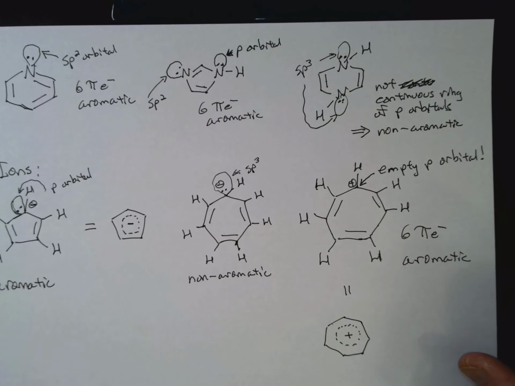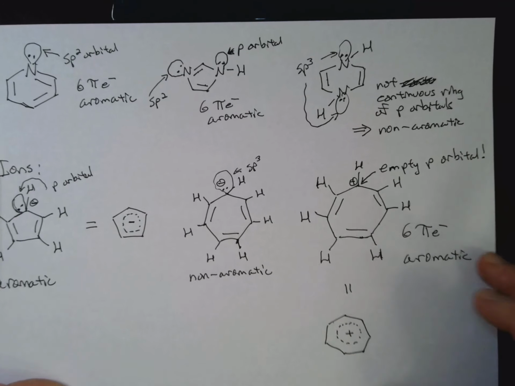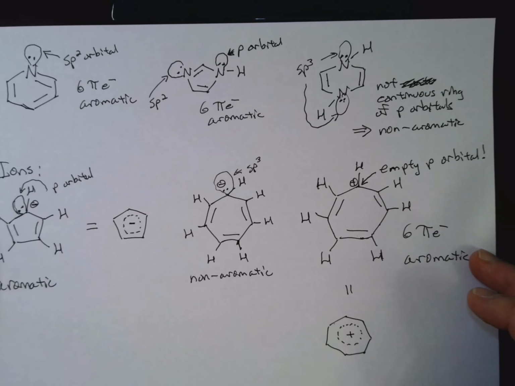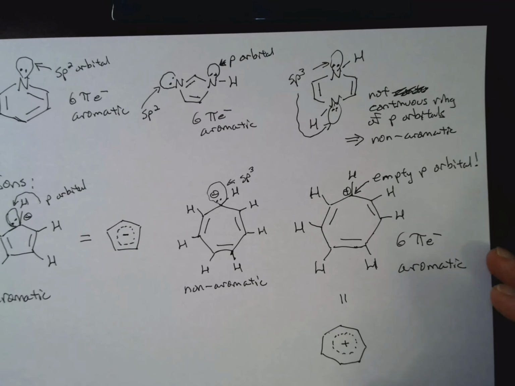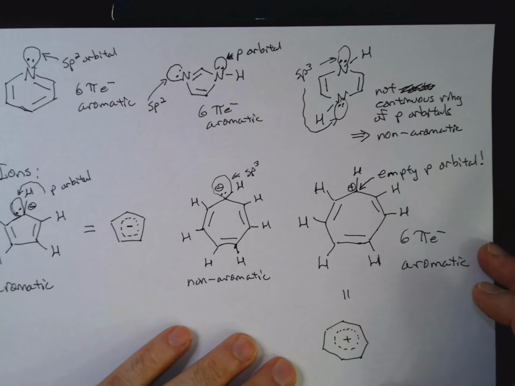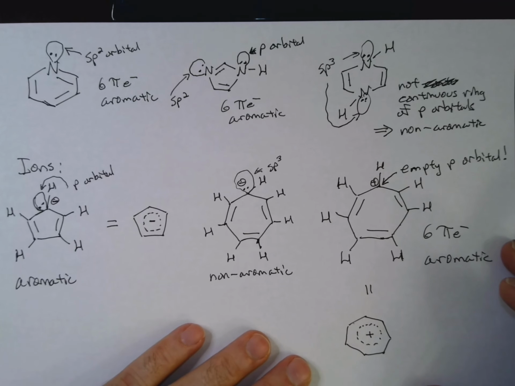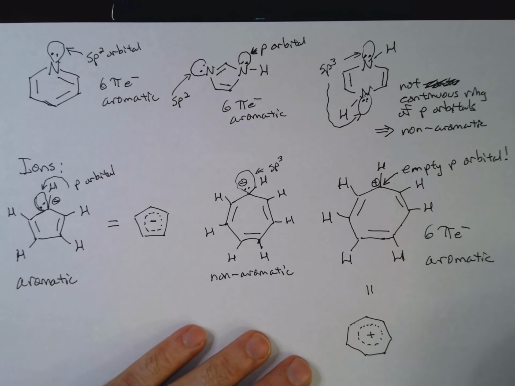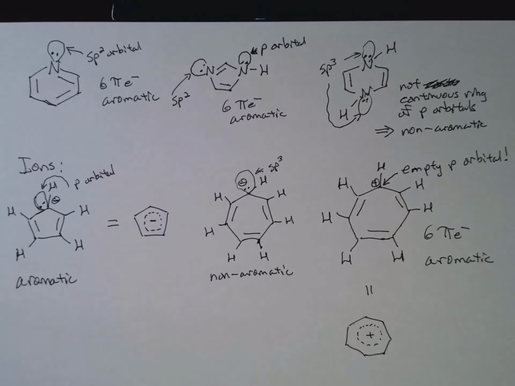All right. Let me think here if there's anything else I wanted to talk about. No, I think that's about it. So be on the lookout for aromatic heterocyclic compounds, aromatic ions, and of course the other aromatic hydrocarbons that we've seen already.